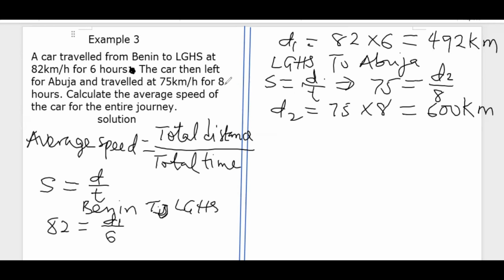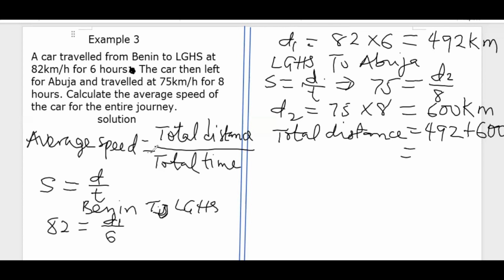So going back to our formula, the total distance is 492 plus 600, and that should give us 1092 kilometers.